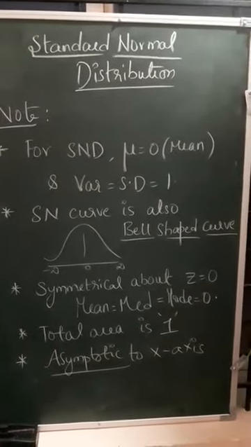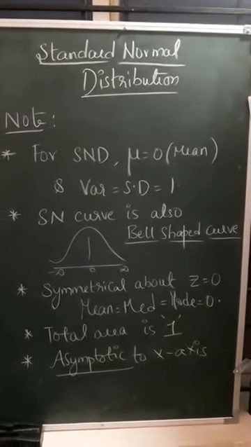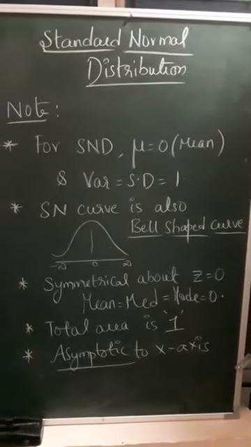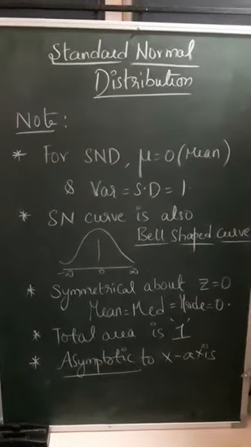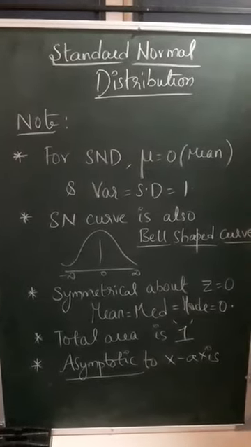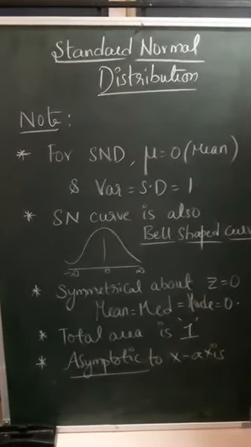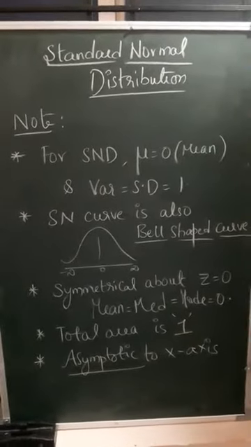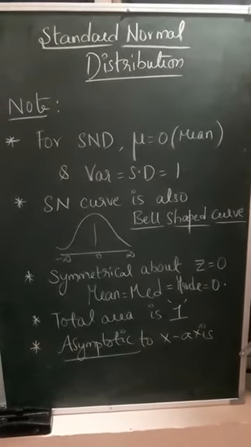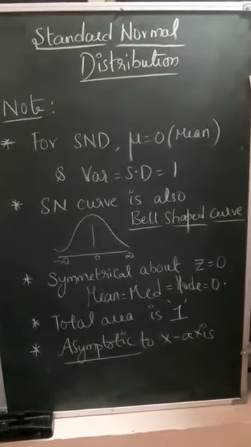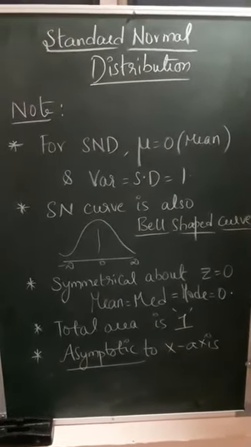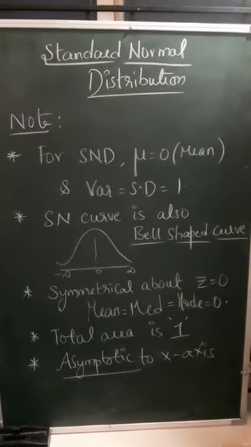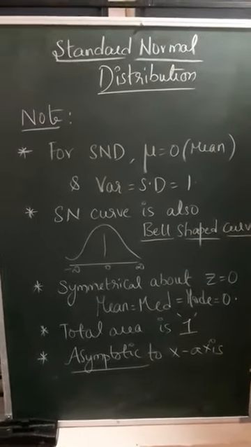That means mean, median, mode coincide at origin 0. That is the third one. It is a symmetrical curve. Next, the total area under the standard normal curve is 1. Same, just like the normal distribution properties, here also almost quite similar. Only the first property differs: mean mu becomes 0 and variance and SD are equal to 1.